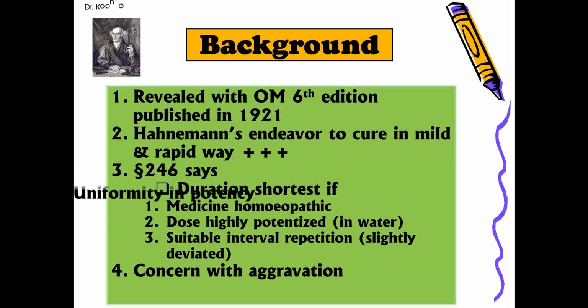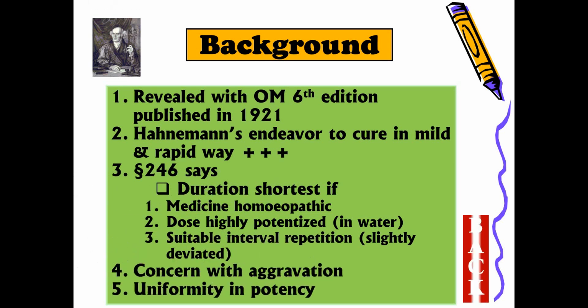Then concern with aggravation. The background of the 50 millesimal potency discovery is Hahnemann's concern with aggravation. Hahnemann was very much disturbed by the similimum causing aggravations. Many times in the initial part of our practice, some of us say, I have never seen any aggravation. It is very difficult to tell him that you have never prescribed any correct remedy. We cannot talk like this, because that is antisocial.